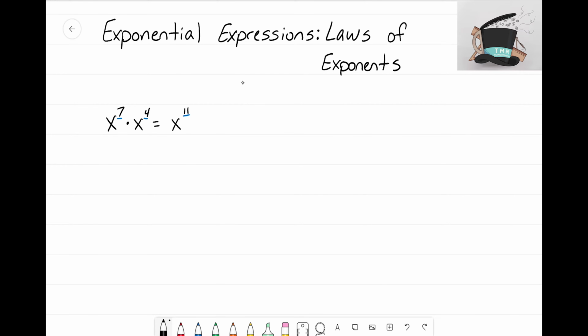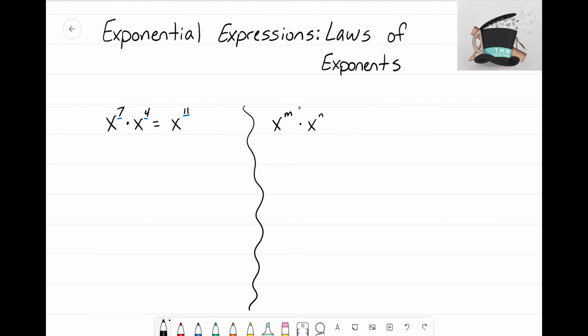So the first law of exponents is that if I have, let's say, x to the m power times x to the n power, and the m and n are representing any numbers.